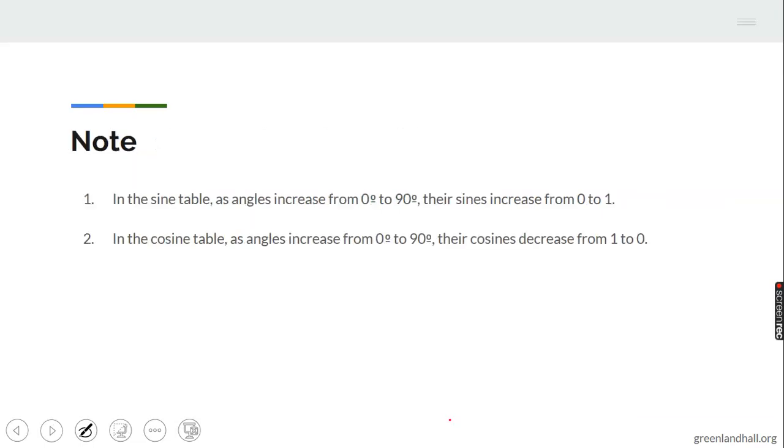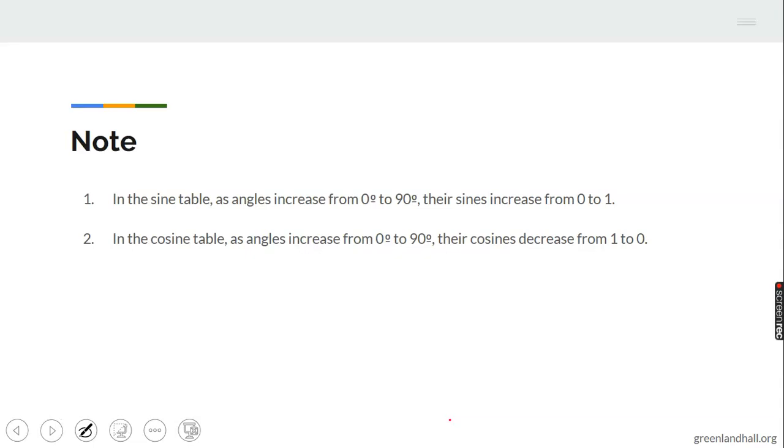Now, note this: in the sine table, as angles increase from 0 to 90, their sine increases from 0 to 1. Is that true? Sine 90 is 1. Sine 0 is 0. As you increase the angle, the sine value also increases. But it is not the same in the case of cosine.